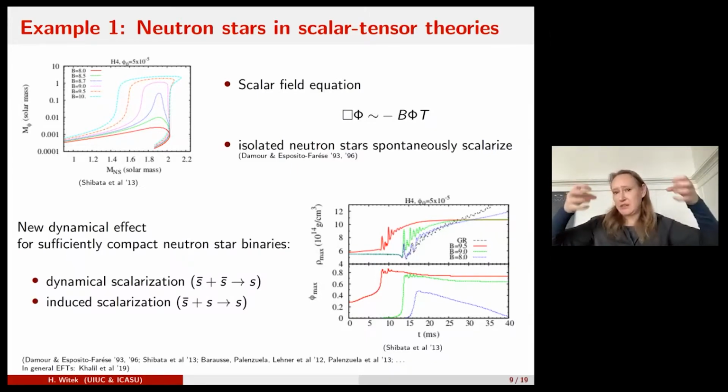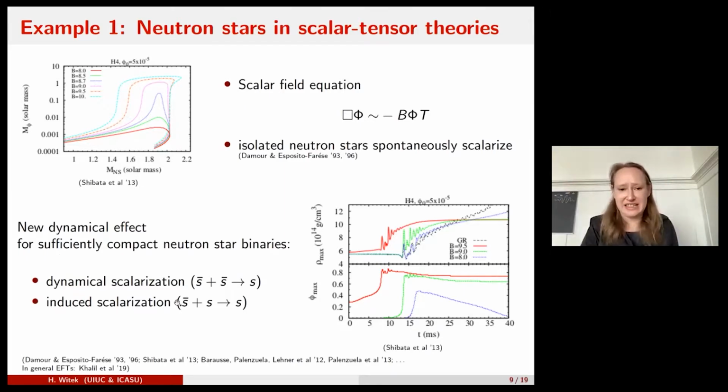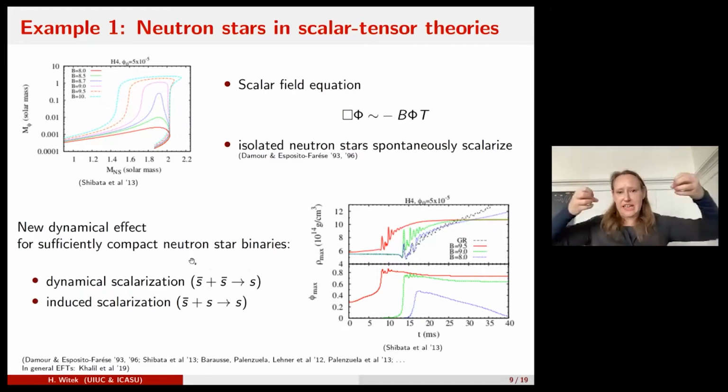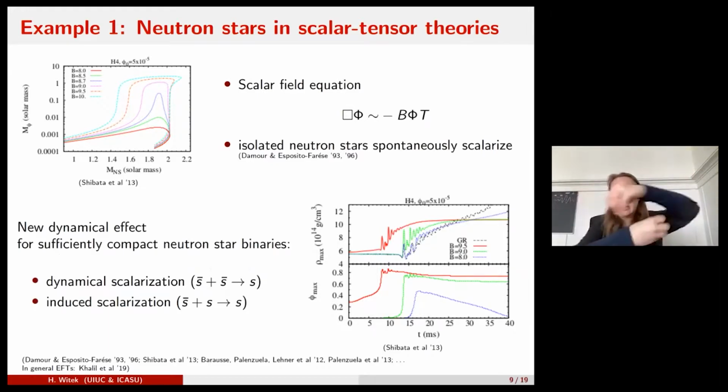None of them harbors a scalar field, so they are both not scalarized, indicated here in this equation with S bar. As they inspiral and get closer and closer together, once the binary is compact enough, the scalar field becomes excited. So not scalarized plus not scalarized ends up being scalarized.